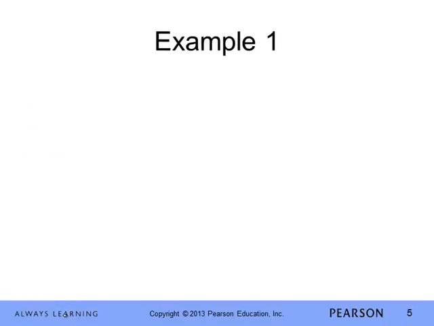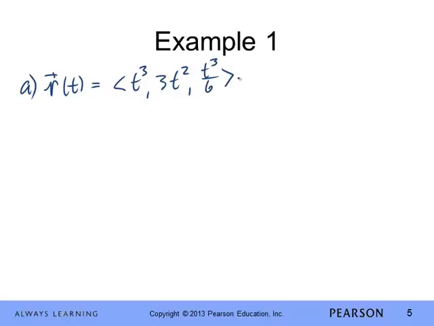So let's do an example. Number 1 here. A couple of easy problems. For part A, we've got r of t equals t cubed, 3t squared, and t cubed over 6. And we need to compute the derivative.